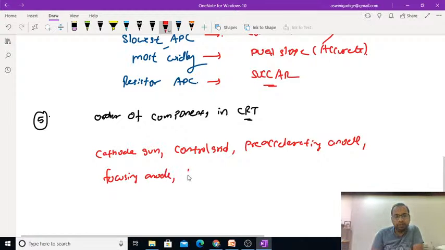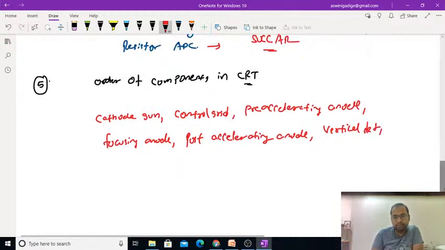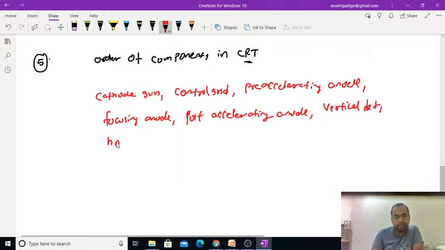After the pre-accelerating anode, the next is the focusing anode, then the post-accelerating anode, and after this the vertical deflection system, then the horizontal deflection system.